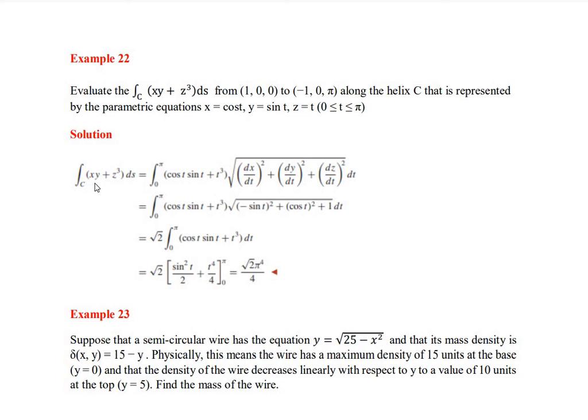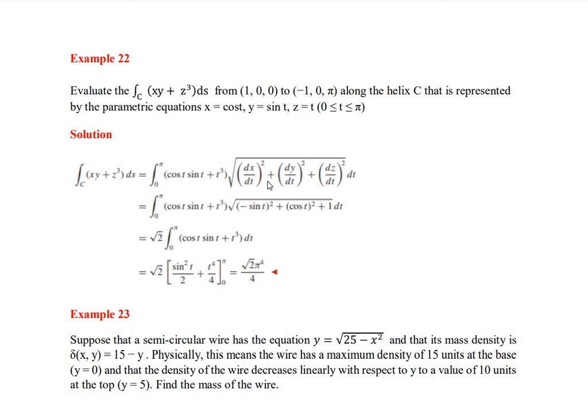So you can use the same formula and apply it: f of x(t), y(t), z(t) times the norm of the vector r'(t). The formula for the norm of r'(t) is this one, so you can apply that.